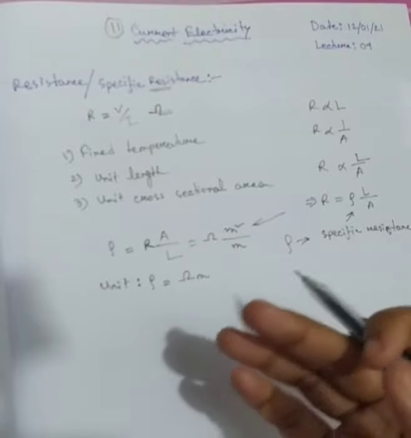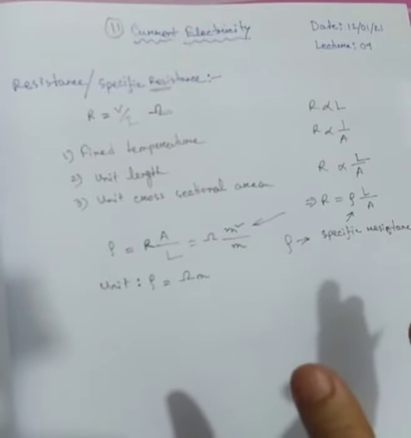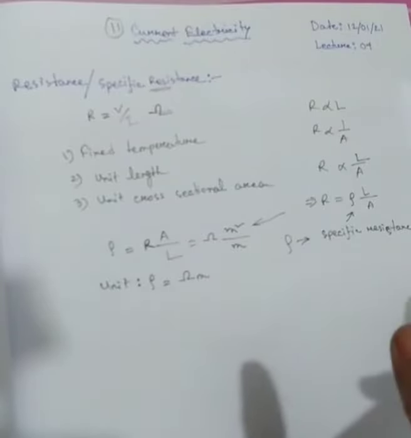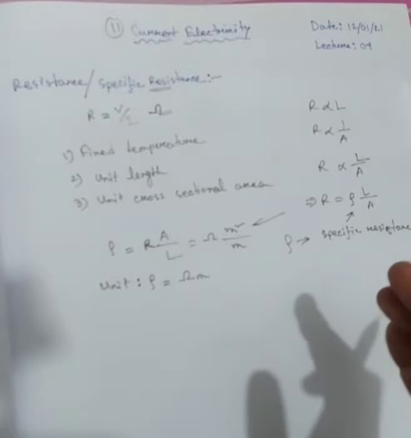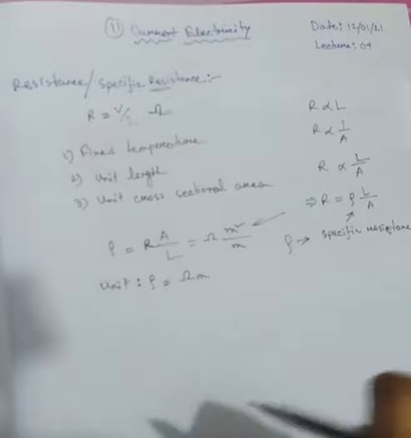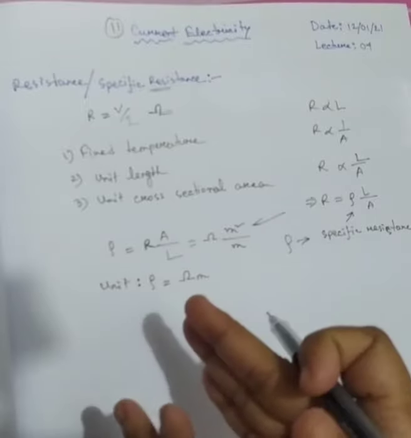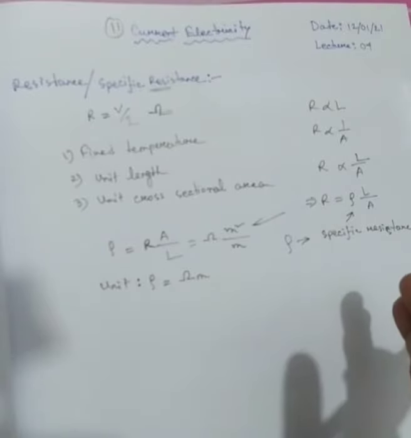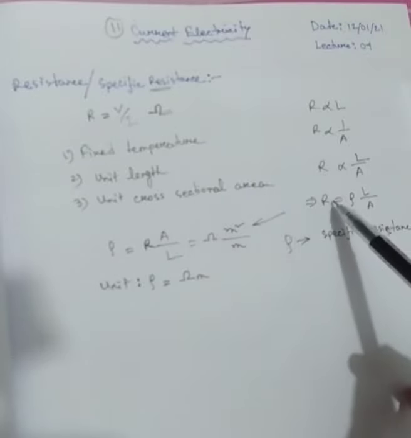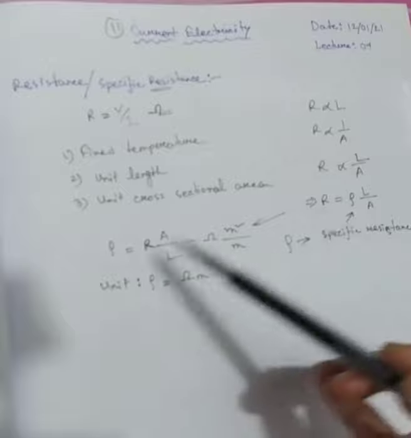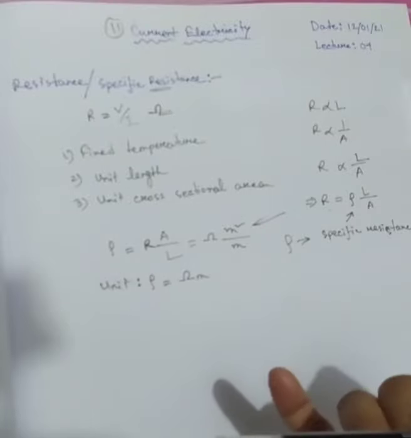So we have got some clear conception of the difference between resistance and specific resistance. First of all, we can differentiate them according to their definition: what is called resistance and what is called specific resistance. Then we can differentiate by their equation. This is the equation for resistance and this one is for specific resistance.